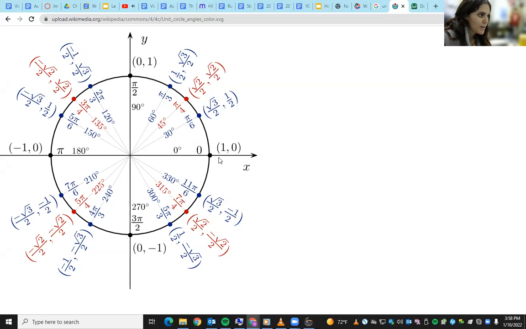Negative 6 pi over 3 would be here, negative 2 pi. Negative 7 pi over 3, negative 8 pi over 3 would be right here, at this coordinate, negative 1/2, comma negative root 3 over 2.